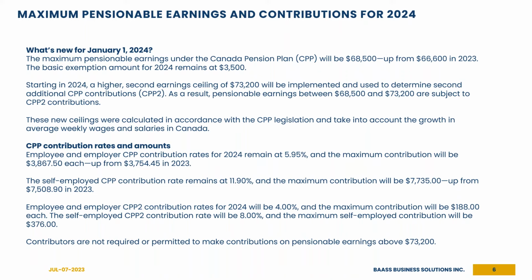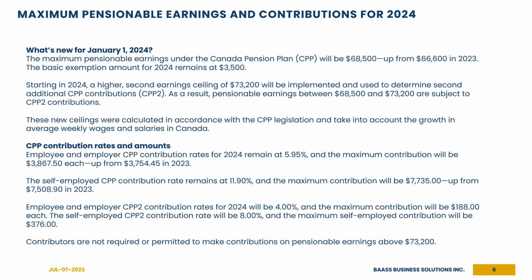The self-employed CPP contribution rate will also remain the same at 11.9%, and the maximum contribution will be $7,735, up from $7,508 in 2023.